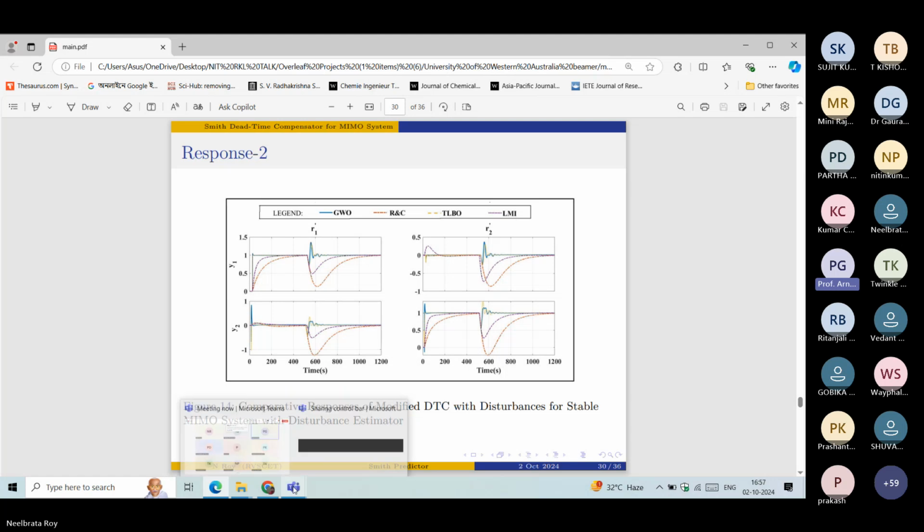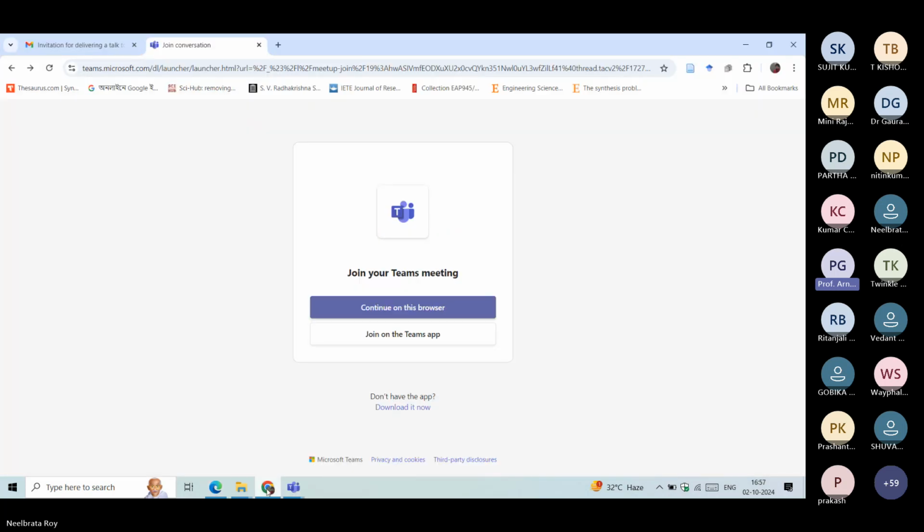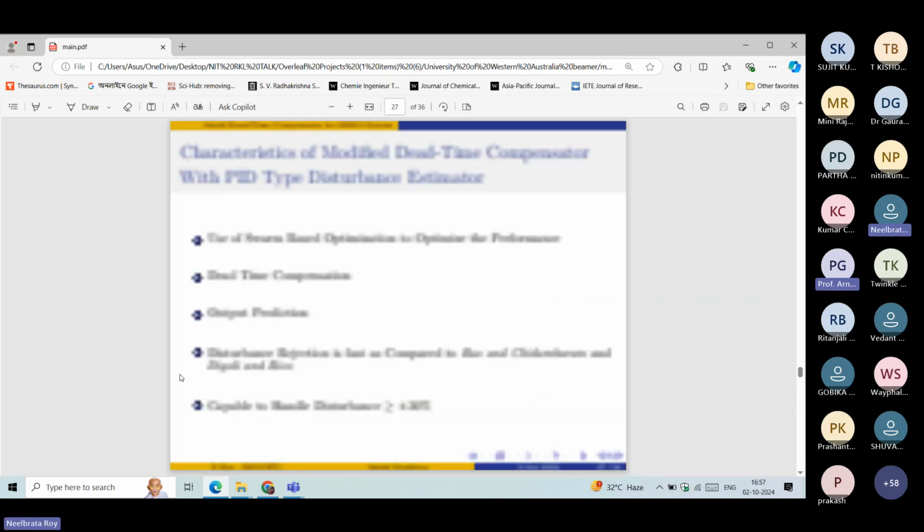That's okay, but I have a small point related to Neelbrata's work. If we have a non-linear system and we are not going for linearization, then the controller design may be quite challenging, like the IMC controller, internal model control, that he has described.